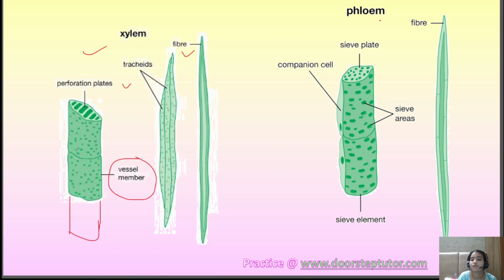While in case of the phloem, we have the companion cells. Why do we say these are companion cells? Because they have the nucleus, while the sieve tubes don't have their own nucleus. That's why the work of the nucleus of sieve tubes is compensated by the companion cells. That's why the term is companion cell. Apart from this, it also has fiber.